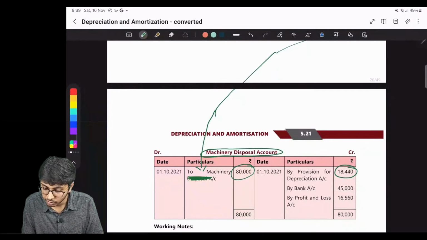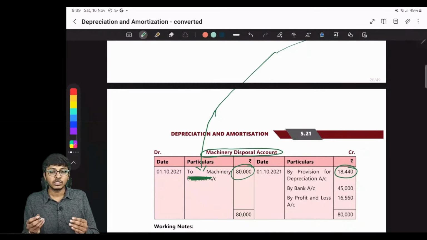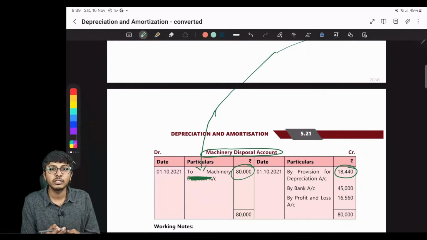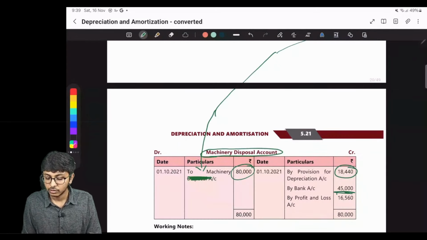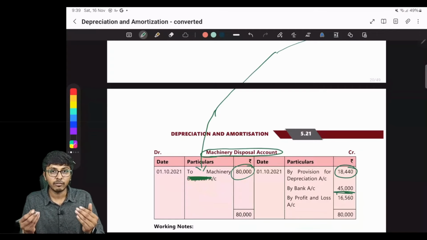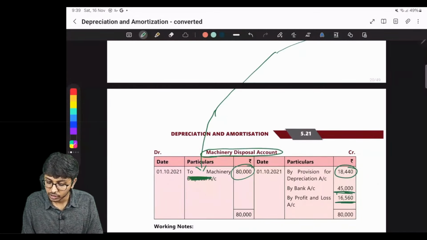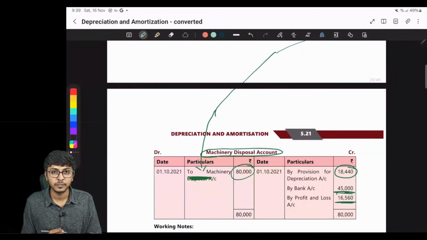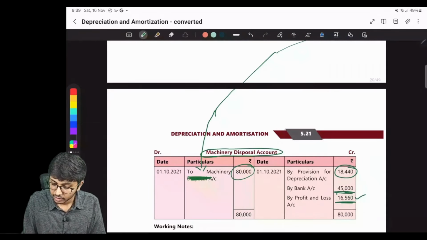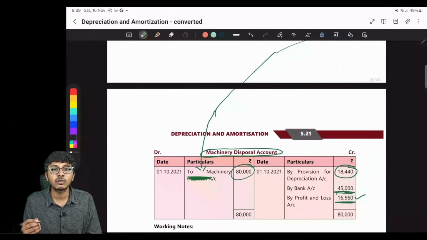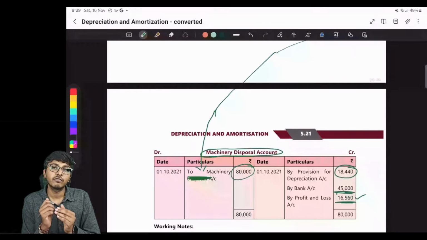Now for 61,560 rupees of asset, I am selling it only for 45,000. So what is the meaning? In my profit and loss, I have a loss of 16,560 rupees because of selling this asset only for 45,000.